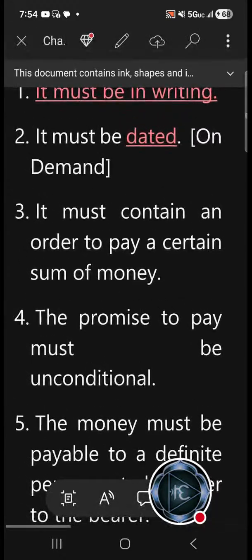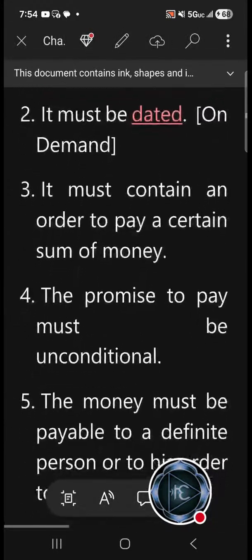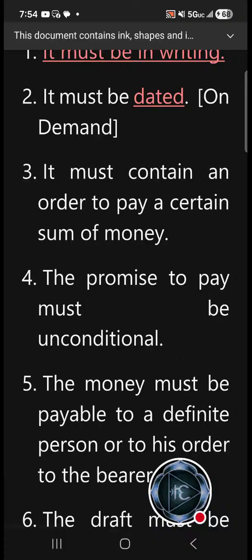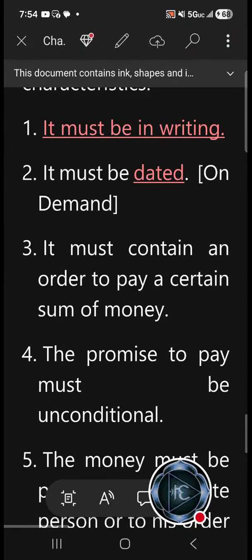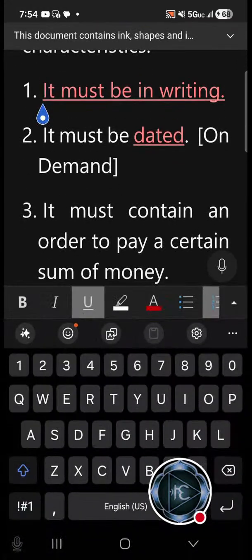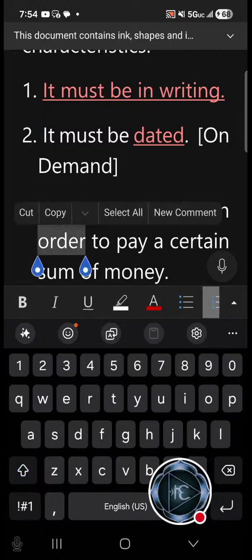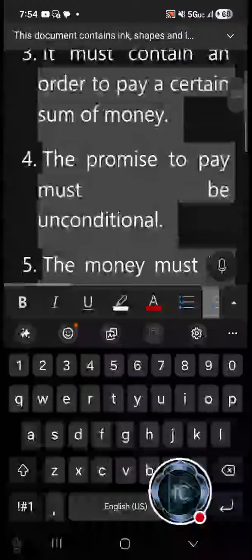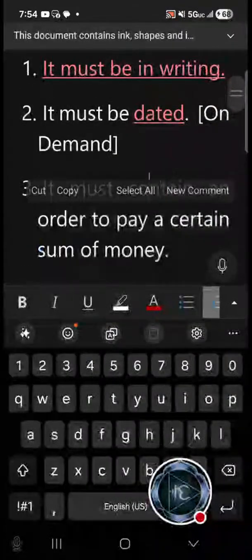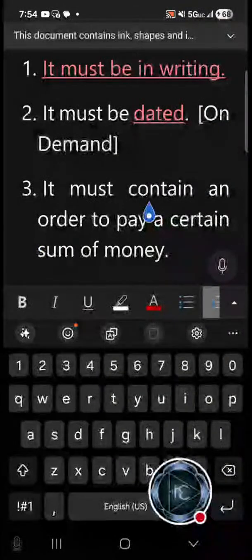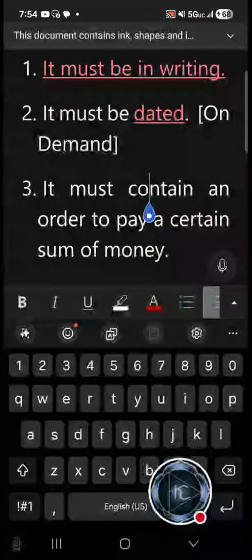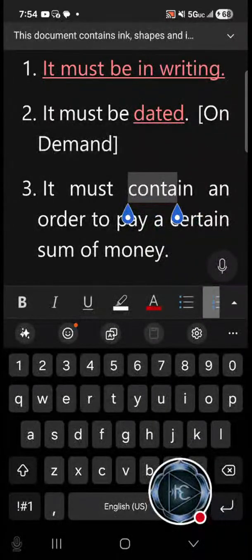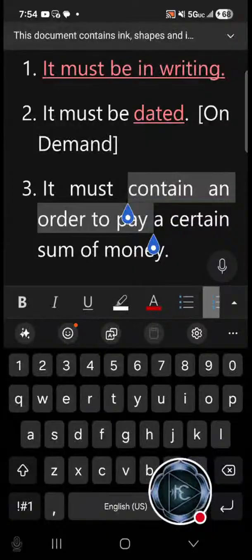Okay, it must contain an order to pay. That's number 3. It must contain an order to pay. So whenever they receive the order, it's already one of the conditions. A bill of exchange must contain an order to pay.